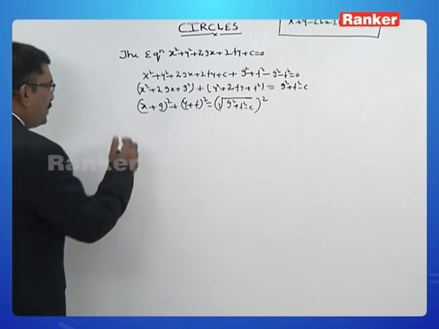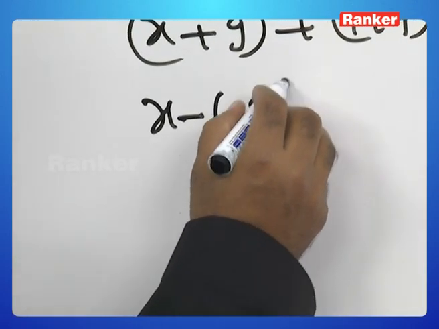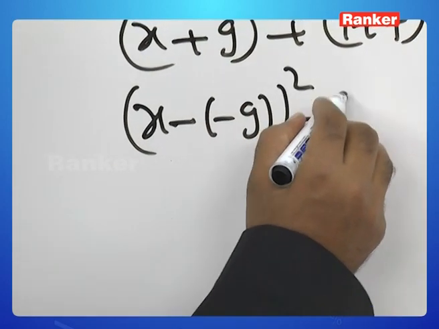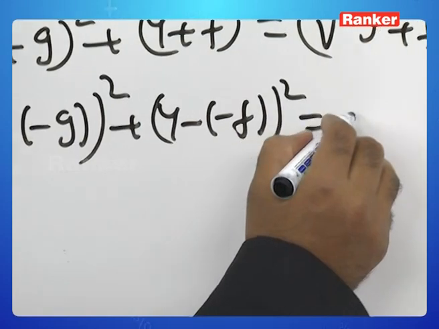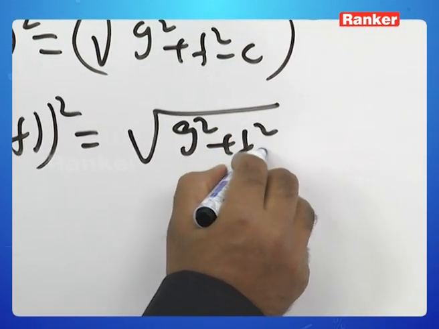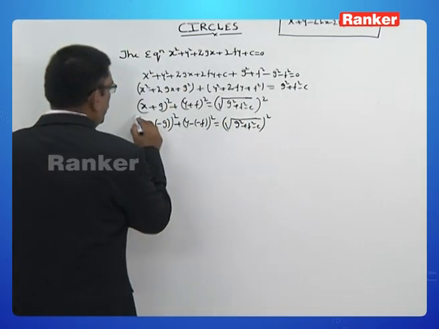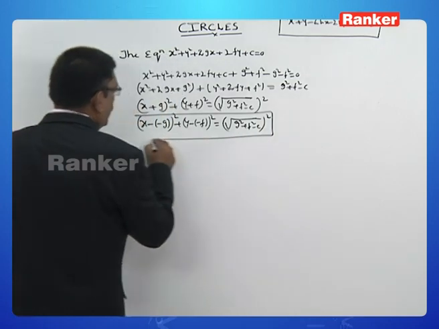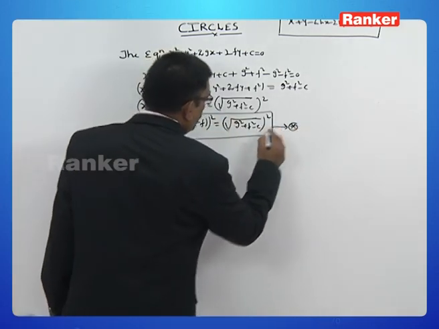I can arrange this in the form of x minus of minus g whole square plus y minus of minus f whole square, which is nothing but g square plus f square minus c whole square. Now call this equation star.